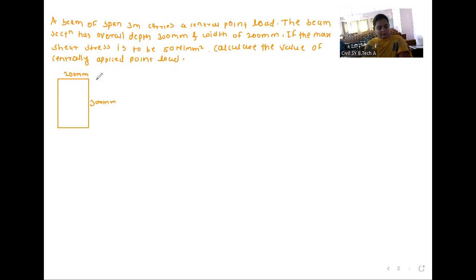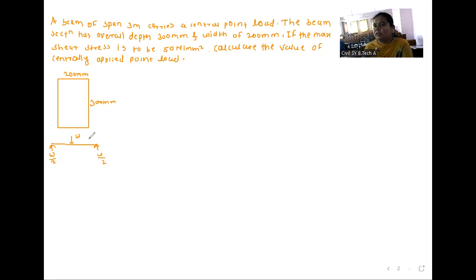After that, a simply supported beam is given, and on that beam central point load W is applied. We have to find out this W. So if central point load is applied, shear force is W by 2 here and W by 2 here.